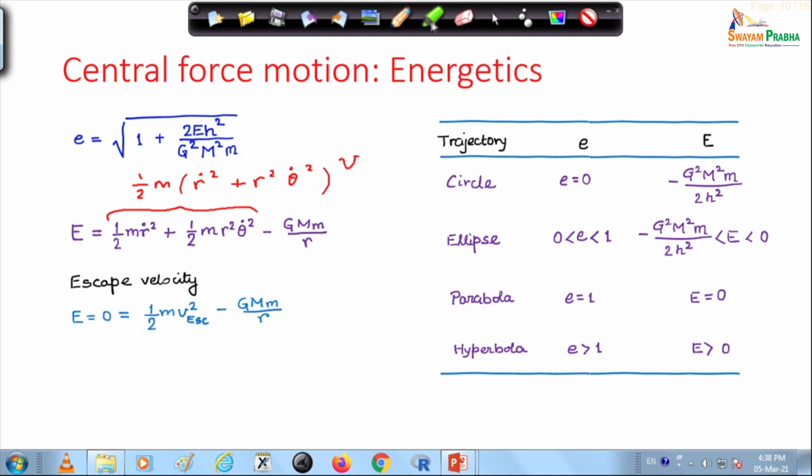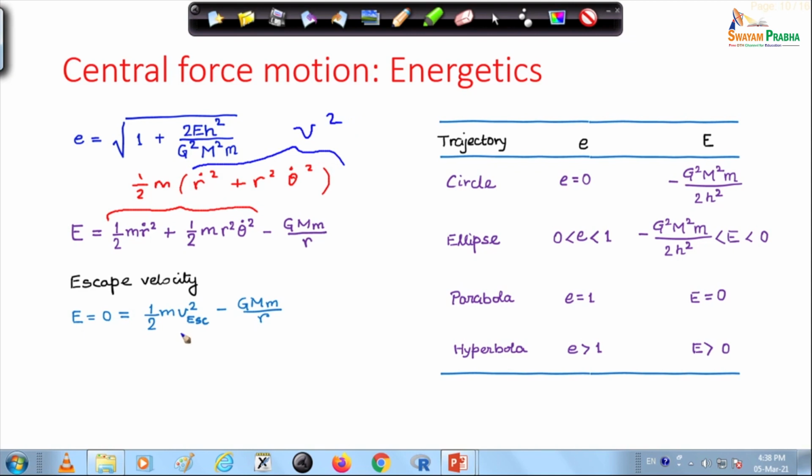So, this quantity is nothing but v square, the magnitude of velocity square.